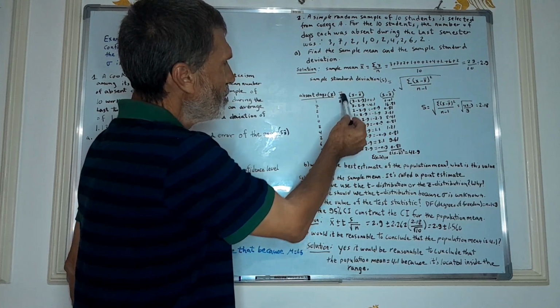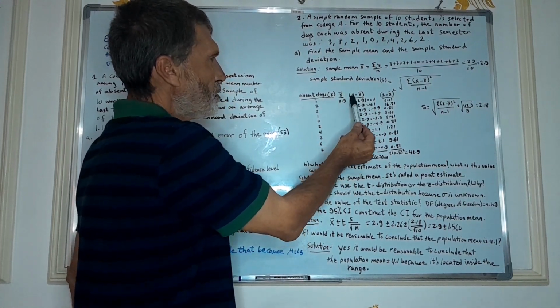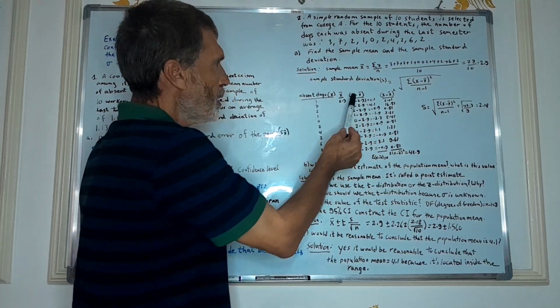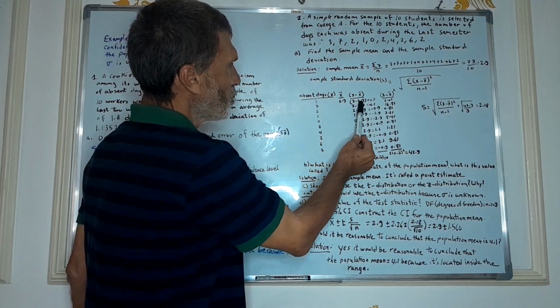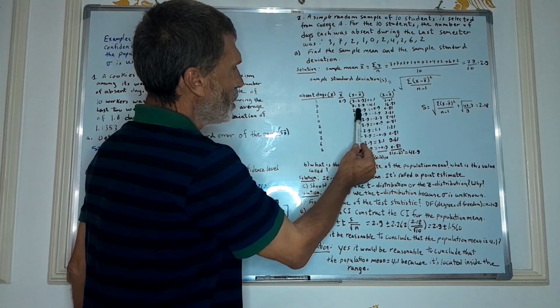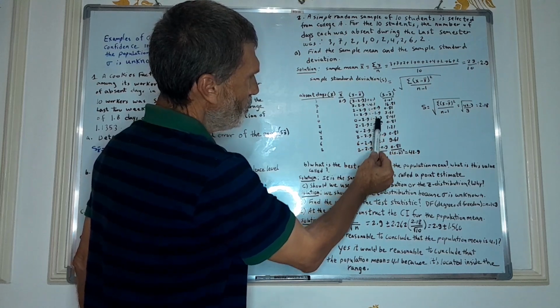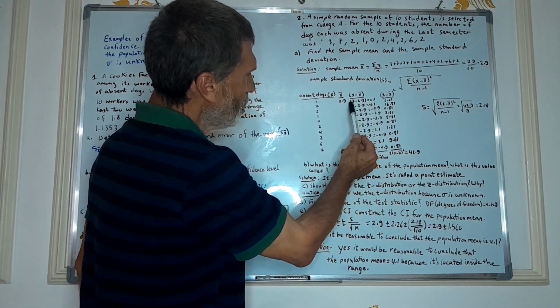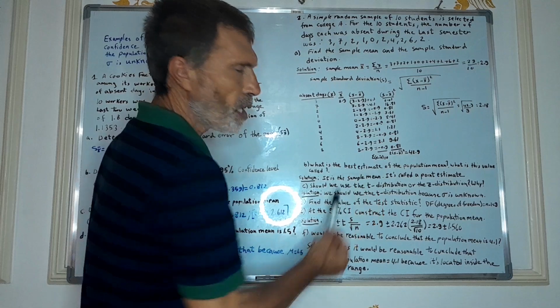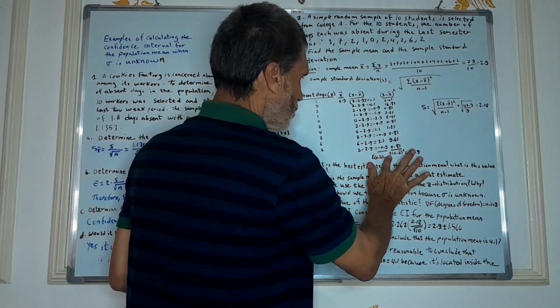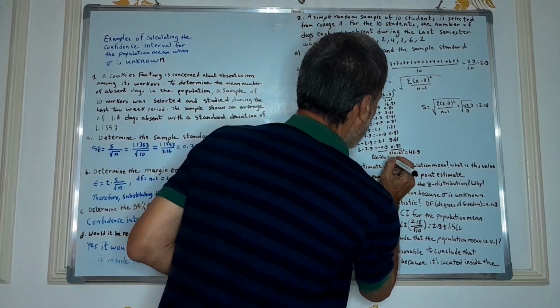This is the mean, 2.9. First, we have a heading of x minus x bar: 3 minus 2.9, 7 minus 2.9, 2 minus 2.9, all the way. We come up with this. The summation of x minus x bar will always come up with 0. The summation is 0.